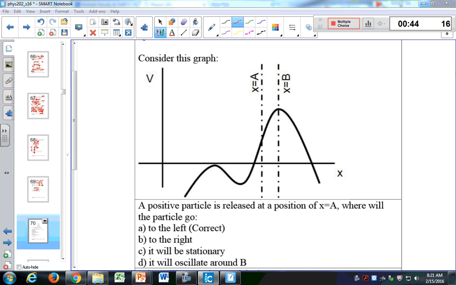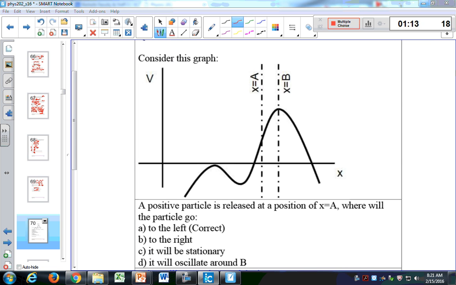But anyway, that is the correct answer, A. If I have a positive particle and I release it at x equals A, I have a graph here with potential on this axis and position on this axis. What direction will it move? Ask yourself, what do positive particles move from, high to low or low to high potential?